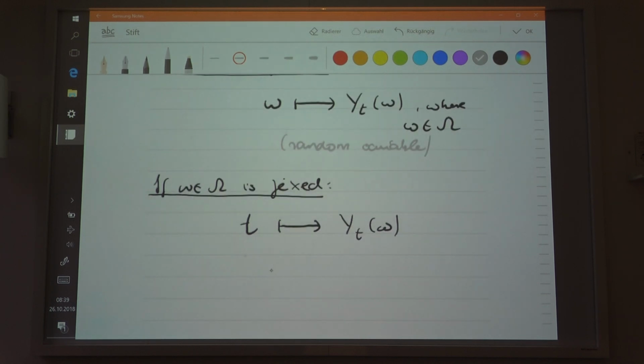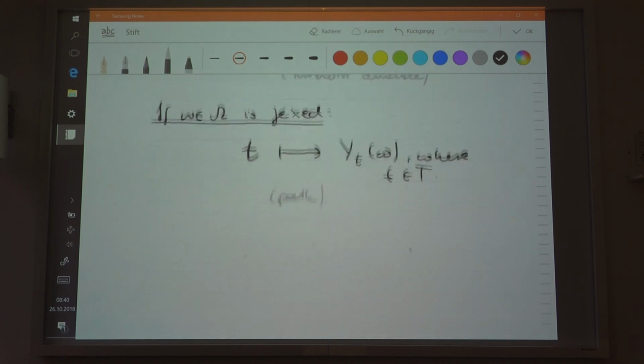And this is a path. In that case the randomness is fixed, so you have a certain set of observations regarding the stochastic process. This is called the path of the stochastic process, and of course t is from capital T, which denotes time. So this is what you have in an observed process.